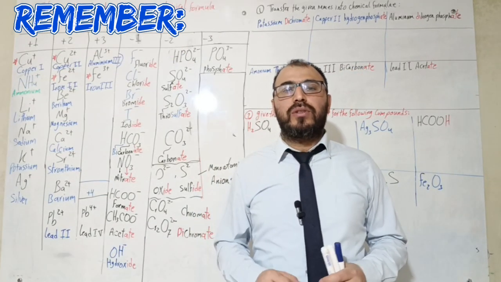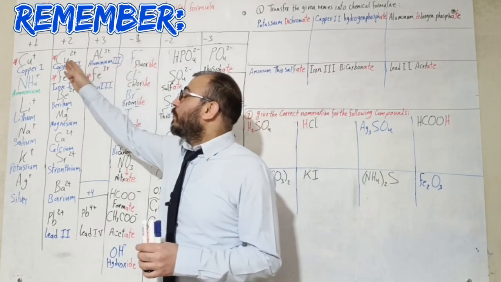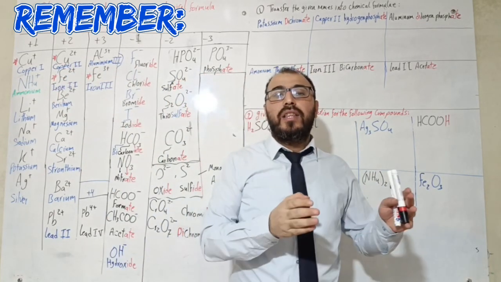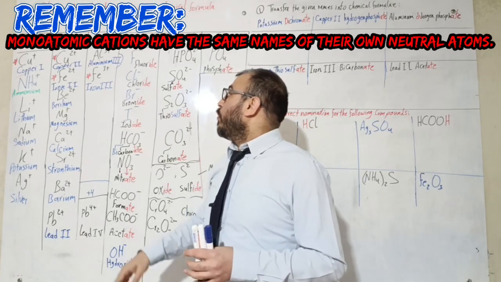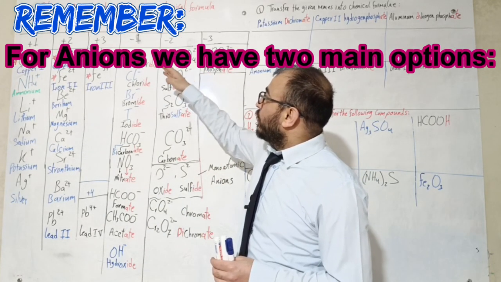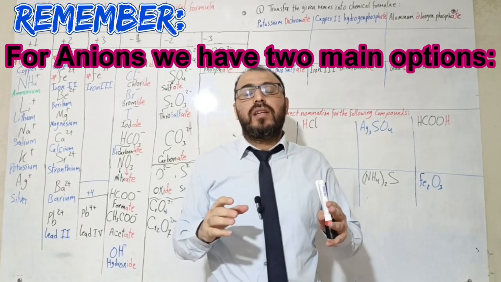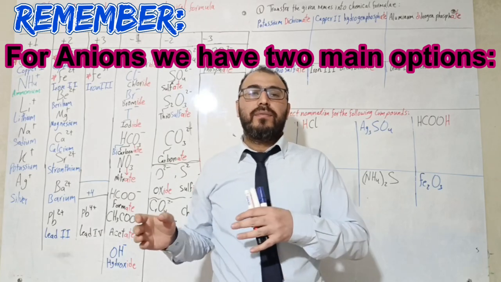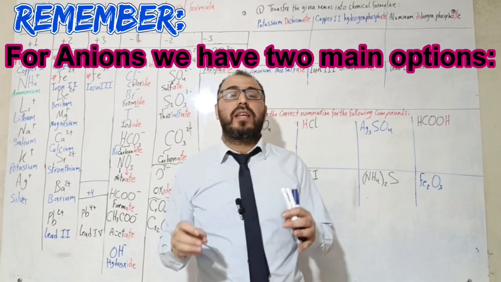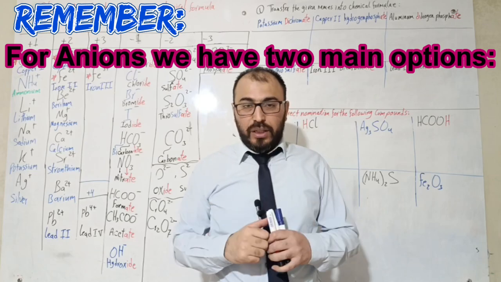Then, my friends, we talked about the naming of the chemical compounds, and we said that the positive ions have the same names as their original atoms, while the names of the negative ions in the chemical compounds, whether they were monoatomic or polyatomic, are different. And again, my friends, we said that we have two options.